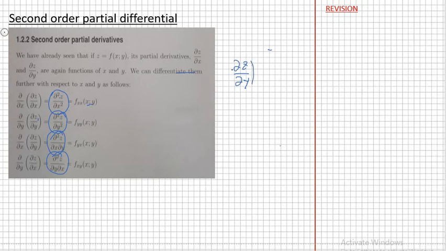I'm going to get something, and then I derive it with respect to, I mean with respect to y. So this is the same as if I write it that way, the partial derivative of z with respect to y. So this is actually the second partial derivative.